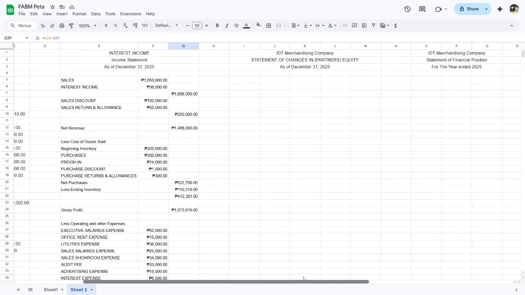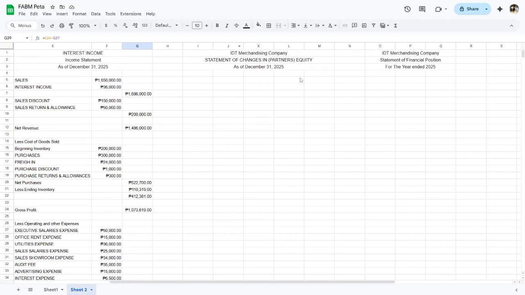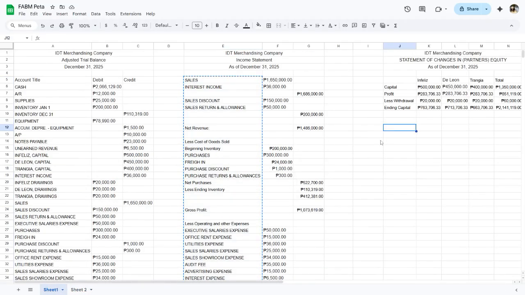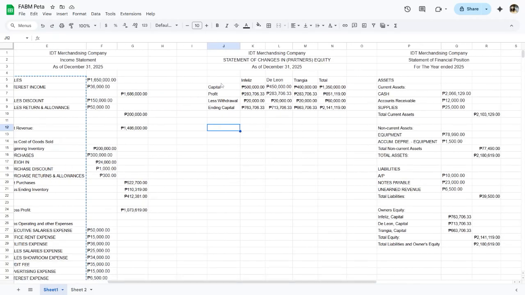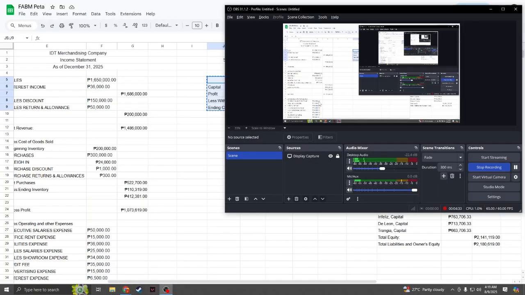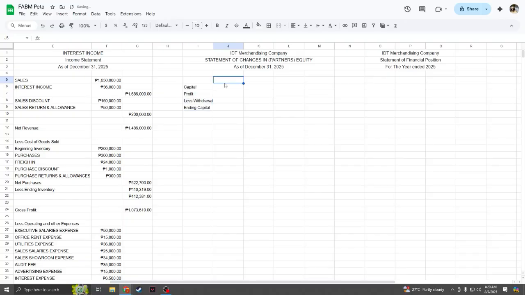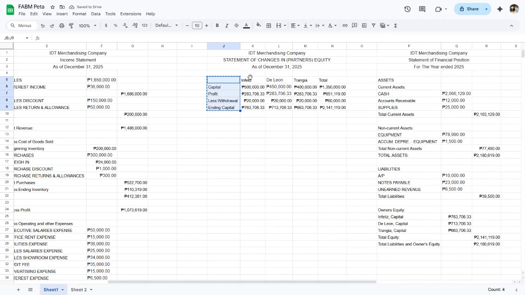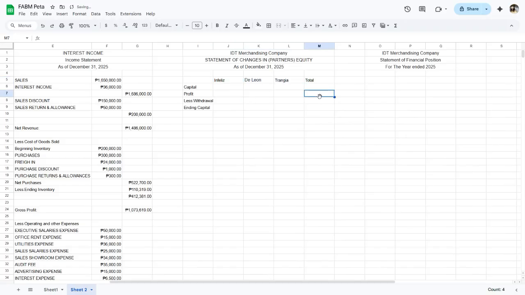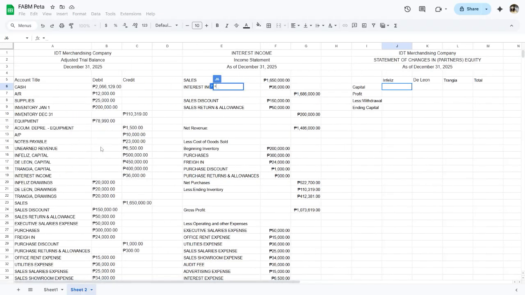So let's proceed with the IDT Merchandising statement of changes in partners' equity. Simply copy this. For our capital, let's get Infeliz's capital, which is here.